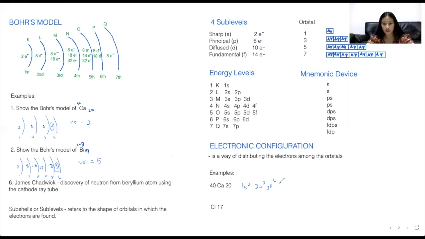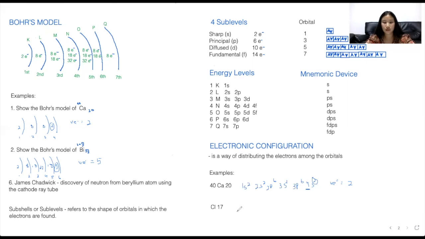We have 3s2, 3p6, and 4s2. To get the valence electrons, we must pick the outermost shell, which is 4, and add the 2 here. So the valence electrons of calcium is 2.